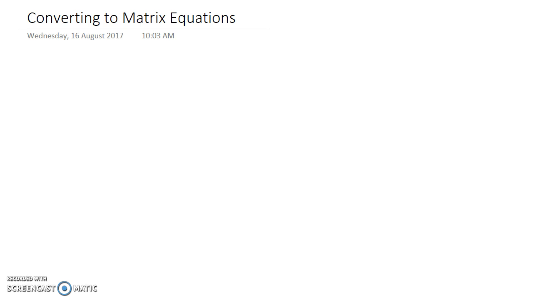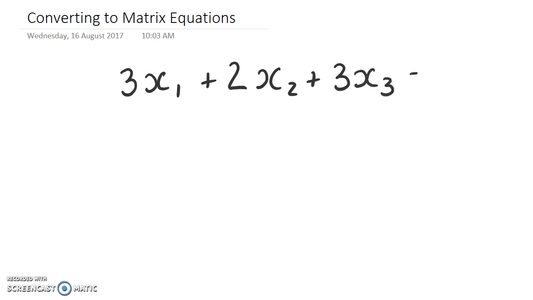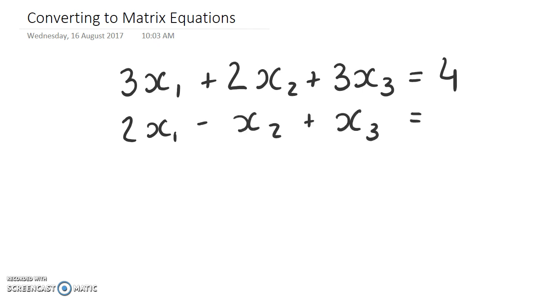Now, for our set of simultaneous linear equations, let's have 3x1 plus 2x2 plus 3x3 equals 4. We'll also have 2x1 minus x2 plus x3 equals 2.